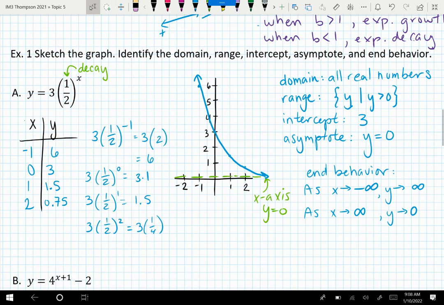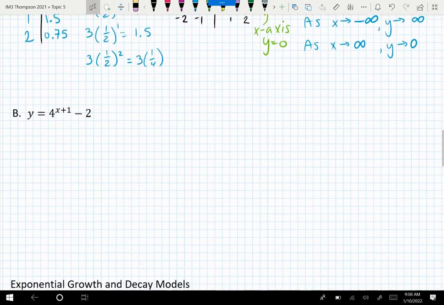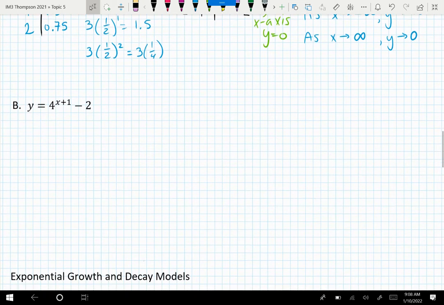So A is an example of a vertical stretch or shrink. B is an example of a translation where I'm actually going to shift the graph. So we'll look at this one as our last example for today. B is equal to 4 to the power of x plus 1, all minus 2.